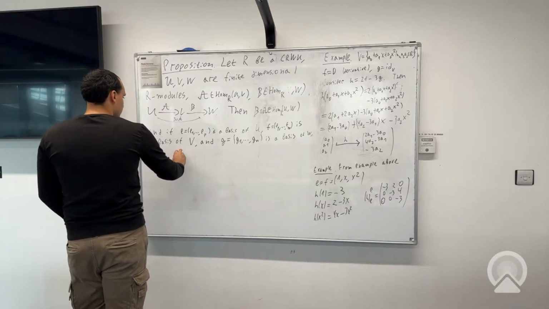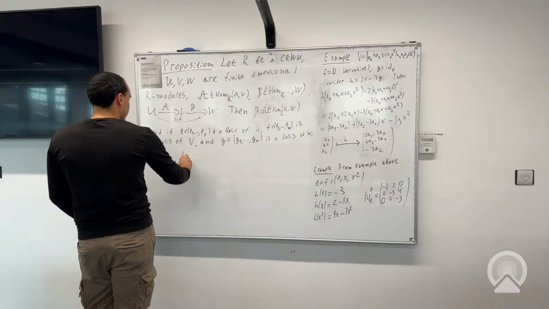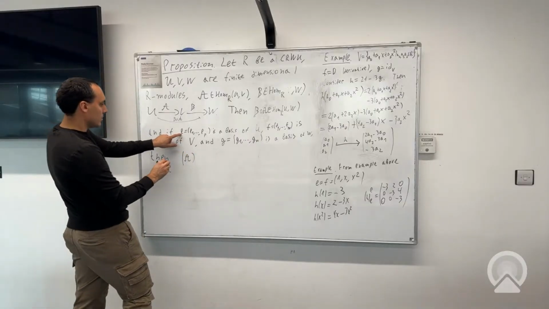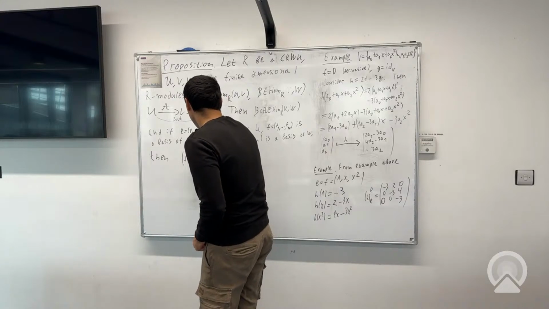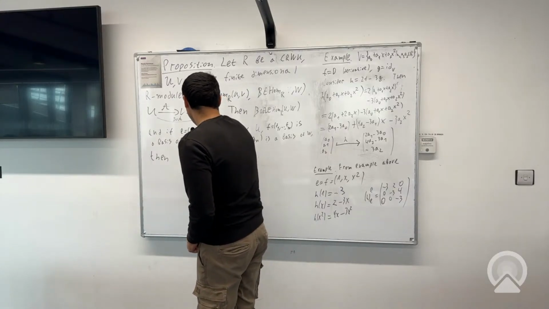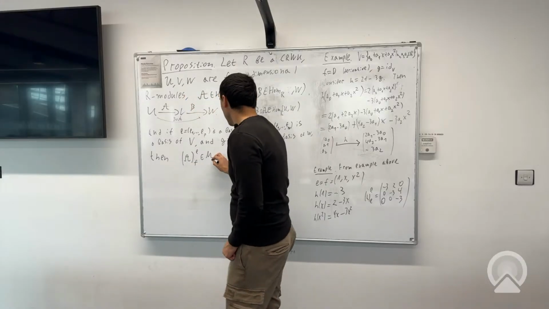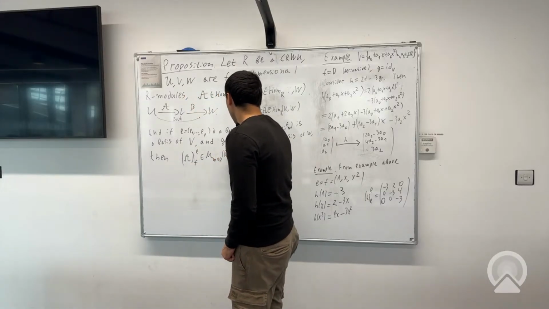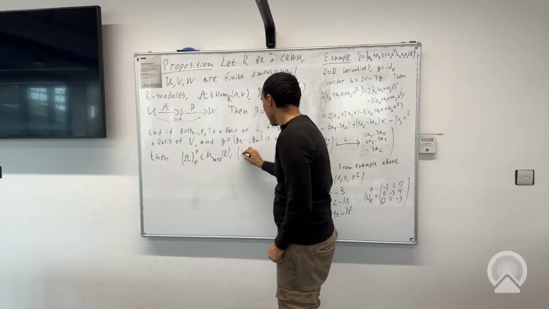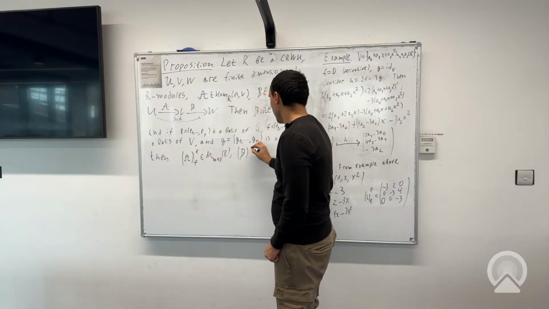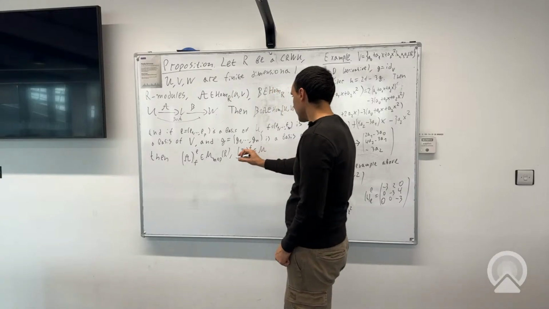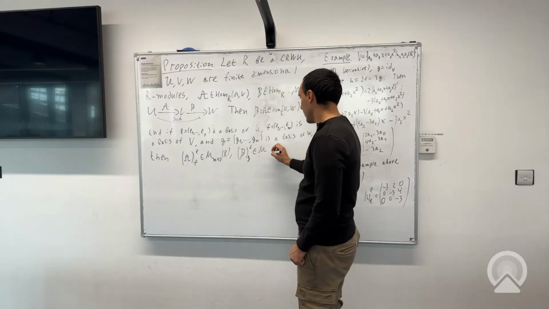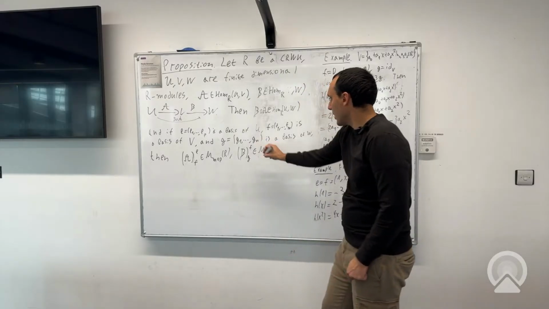So we have the matrix of A in the basis EF is m times p. The matrix of B in basis FG is n times m. Sorry, I made a mistake, it's not n p, it's n times m.